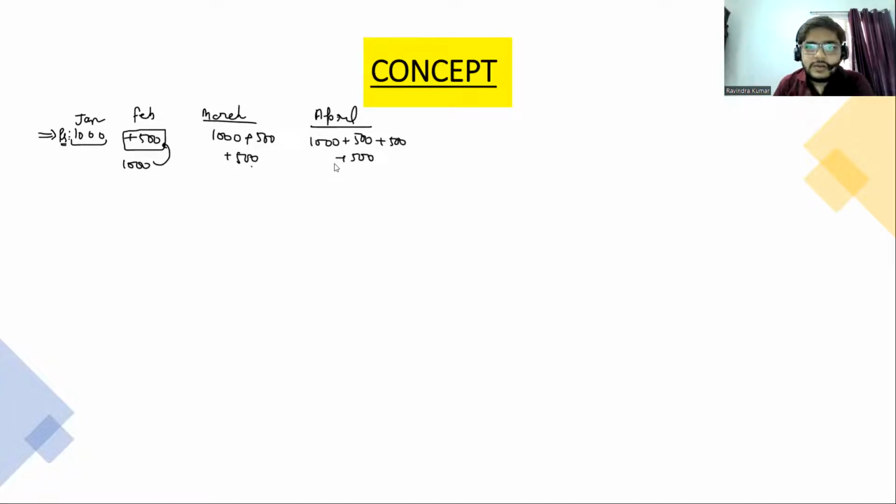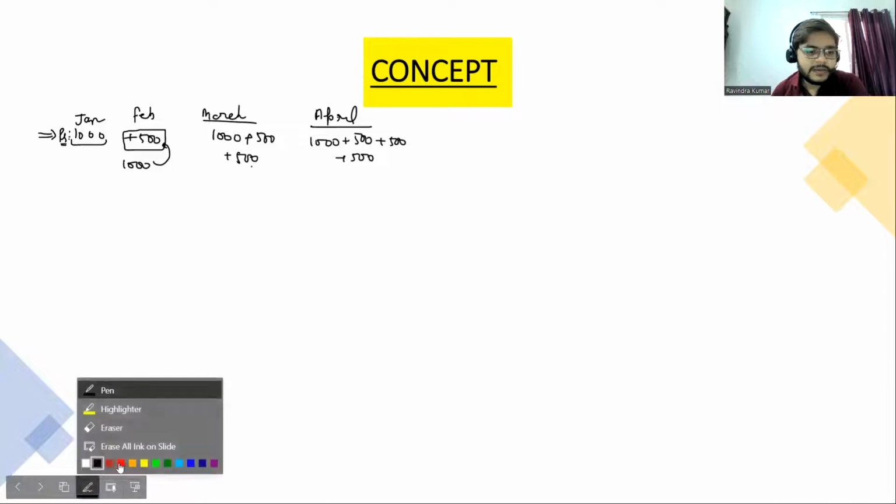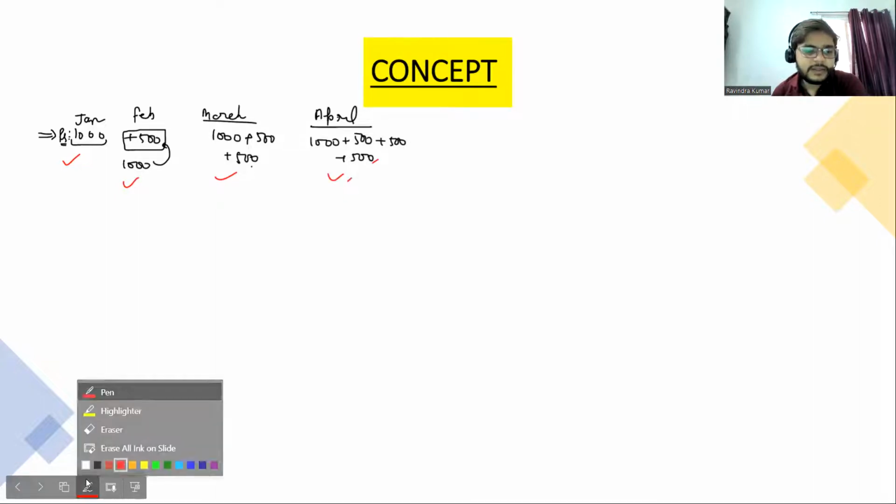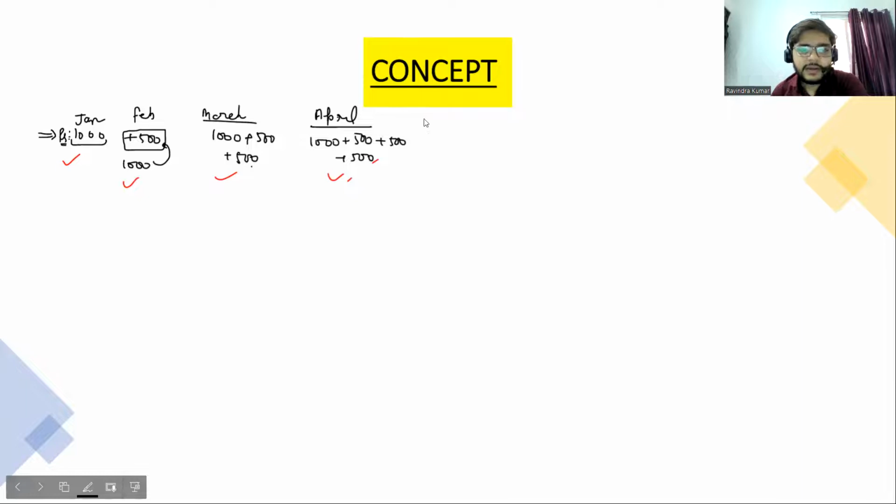What I want to convey here is that if you have to find the pocket money after 5 months, this is the first month, the second month, the third month, the fourth month, and in the fifth month, May, there is an additional 500 to the April month, right? 500 plus 500 plus 500.